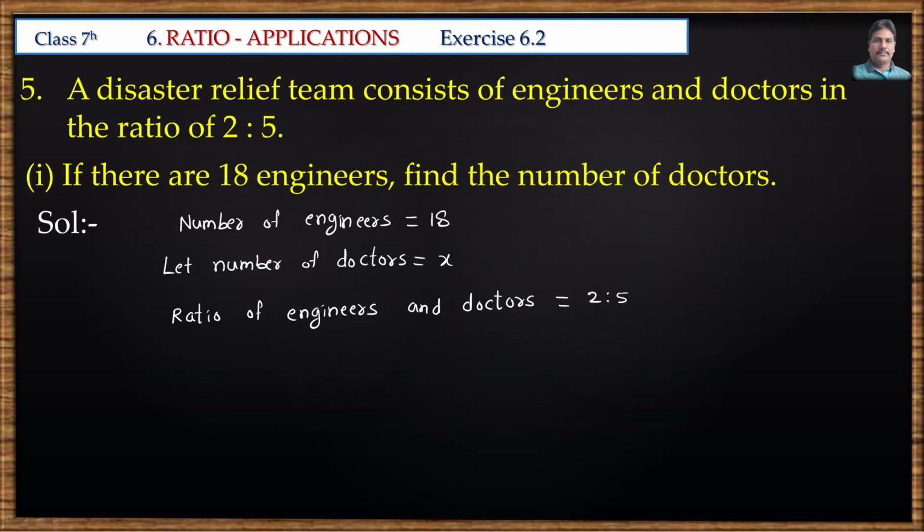Therefore, here in this problem the engineers are 18 and doctors are x. The ratio is 18:x. 18:x is proportionate with 2:5. We know that the product of means is equal to product of extremes.